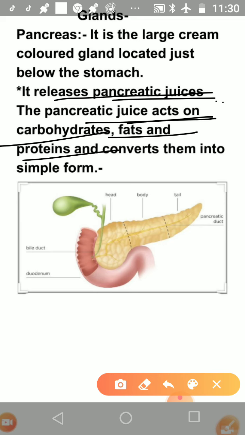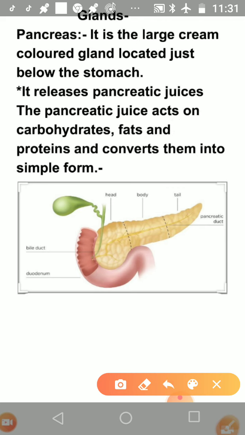We have learned that digestion takes place in the stomach, about 95% of it, but the remaining 5% is still left and must be digested. This digestion takes place in the small intestine, where the pancreatic juices help in further digestion. What are the different juices which help in digestion?